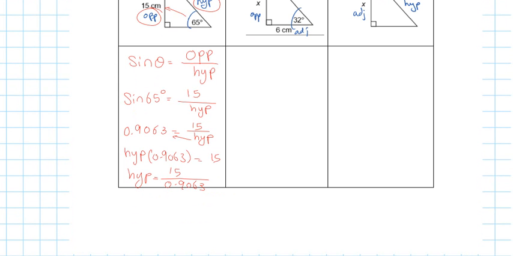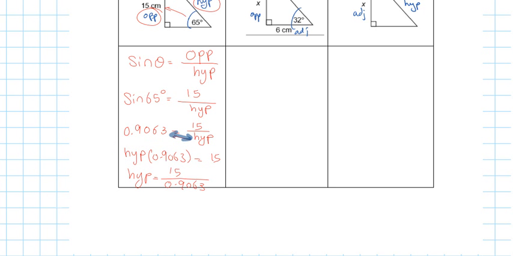I bring the hypotenuse over here and I bring the sine 65 down here. Only if you're looking for the denominator. Can you see that? Yeah. So you can technically skip this step if you want.